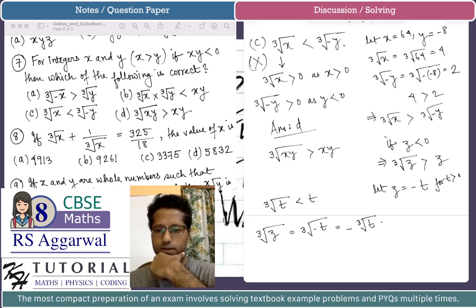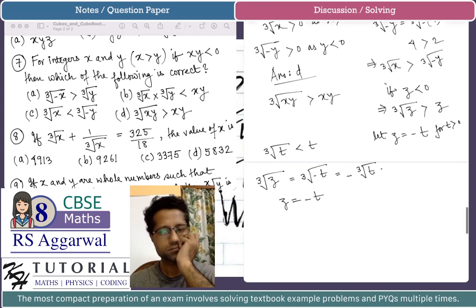So cube root of z is equal to negative of cube root of t, where we have assumed z to be equal to minus t for some positive t, and also z is equal to minus t.